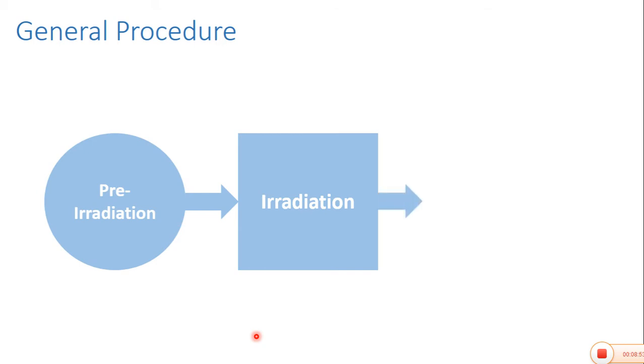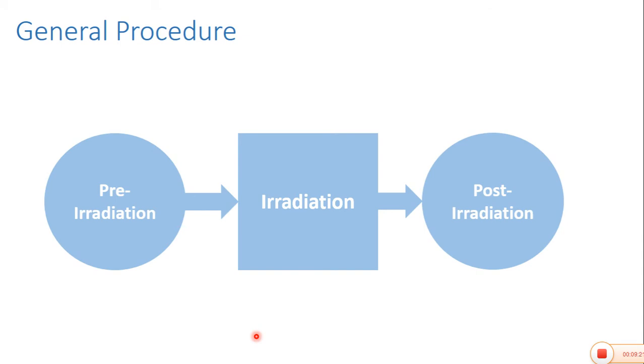The next process is that after irradiation, because your sample is now activated, there is a post-irradiation process. And what is meant by post-irradiation process? When your sample has been irradiated and has become activated, you have to treat it, maybe with chemical separation or physical separation.